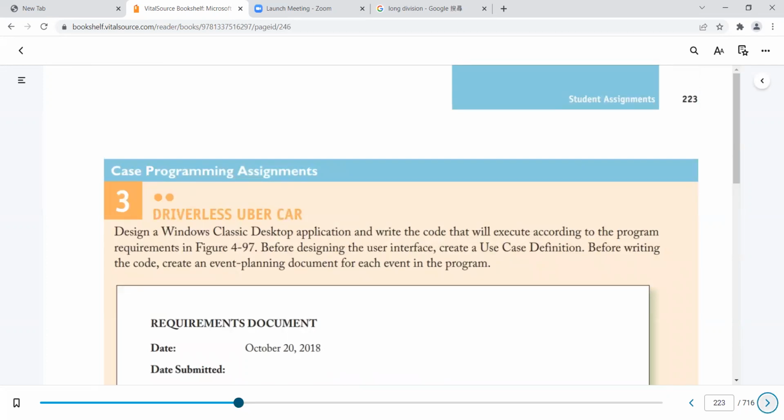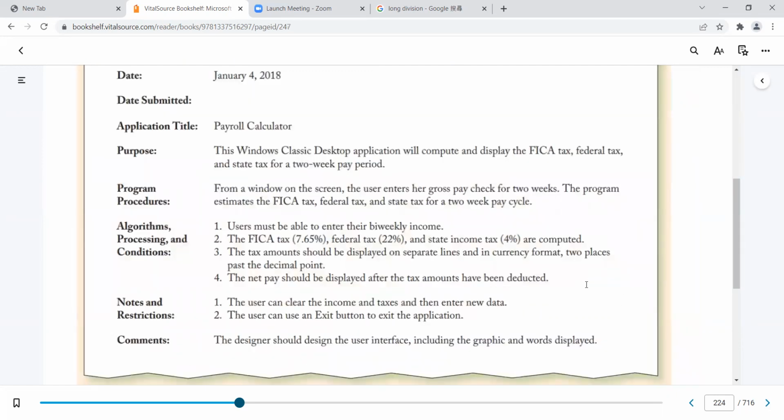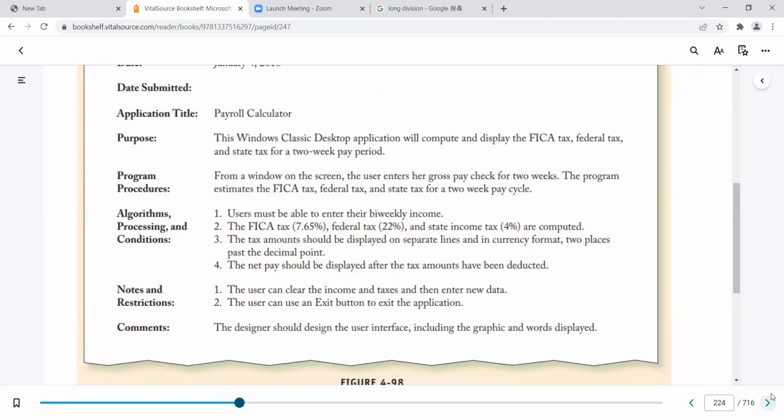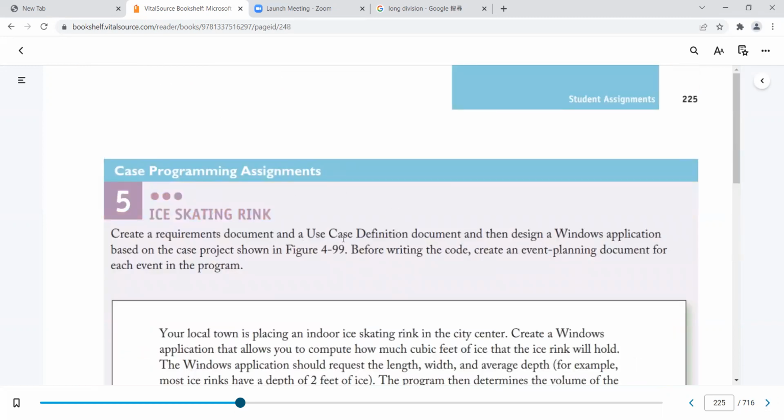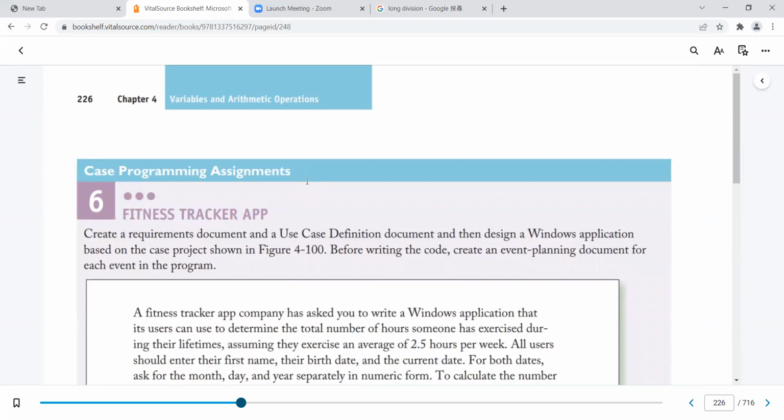And payroll calculators, you can design your payroll calculators. You can do the ice skating rink, and the other one, the fitness track. I haven't had any student do 5 and 6 before. So if you do 5 or 6, I give you extra 10 points.